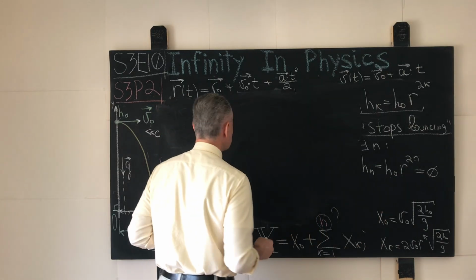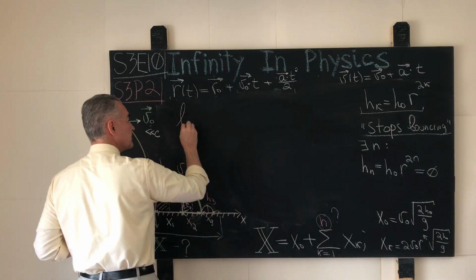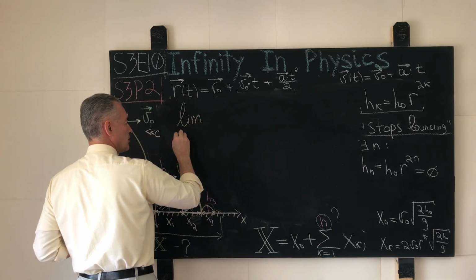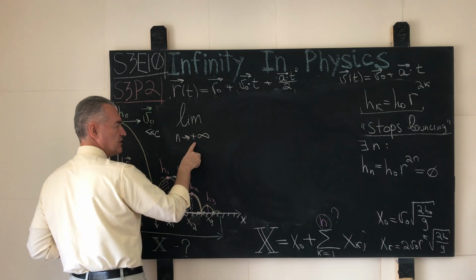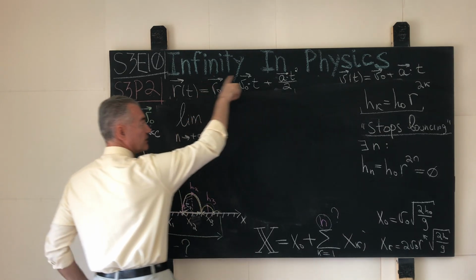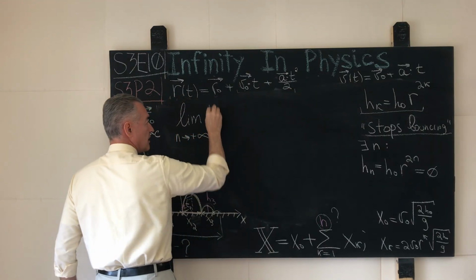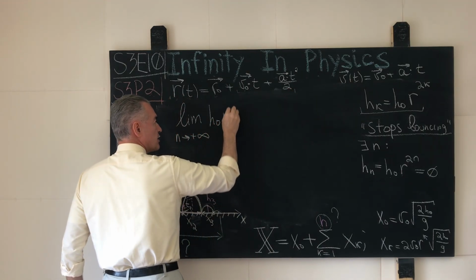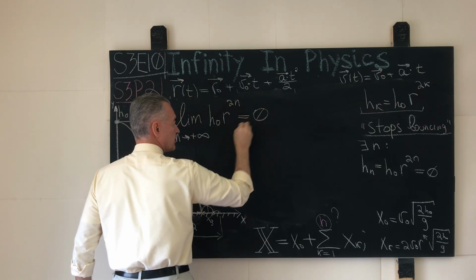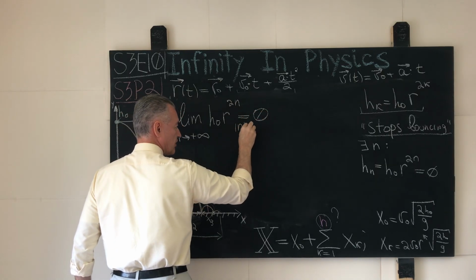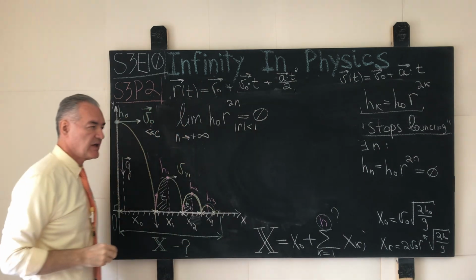You will be asked to show the limit when n grows without bound to positive infinity, and that's how infinity enters physics. Then this expression completely makes sense and is perfectly fine when the absolute value of r is strictly less than 1.